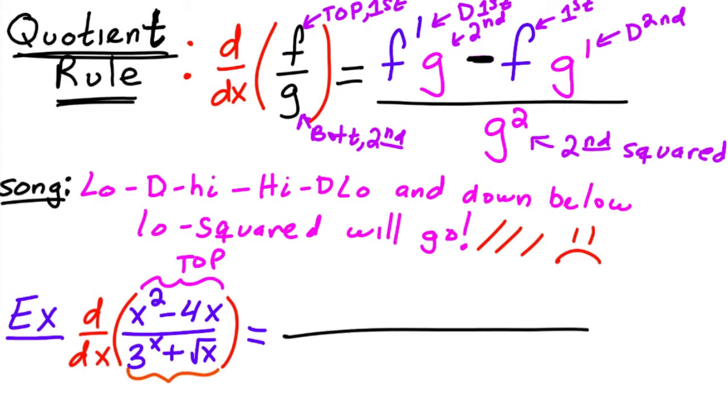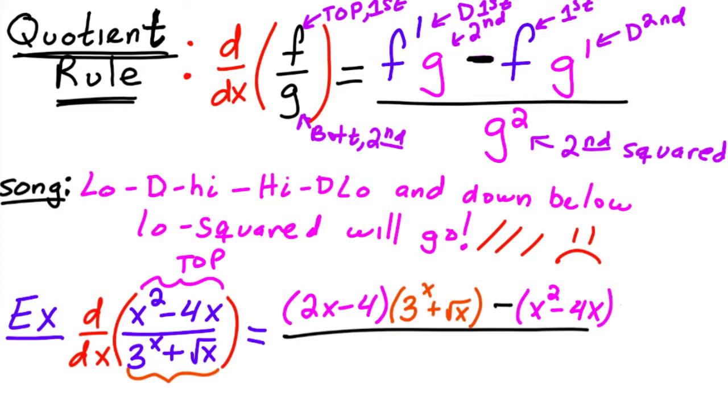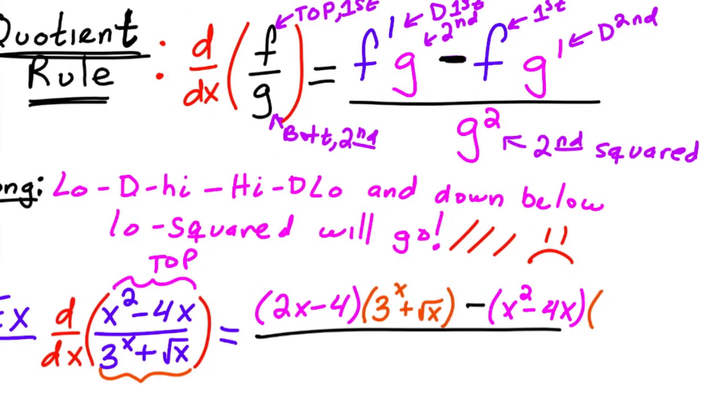So let me make a fraction here. I'm going to do the derivative of the top, which is 2x minus 4, and then the bottom we leave alone, so 3 to the x plus square root of x. And then remember, it's minus, as opposed to the product rule where it's plus, minus the top, leave it alone, times the derivative of the bottom.